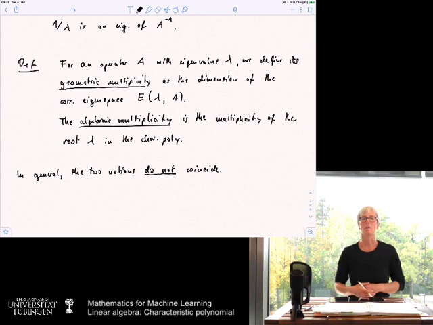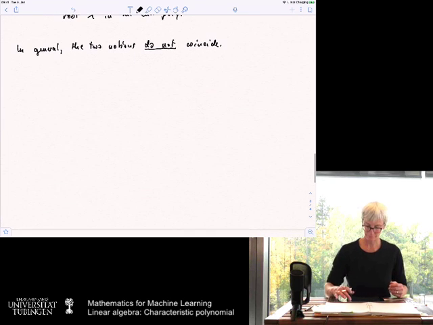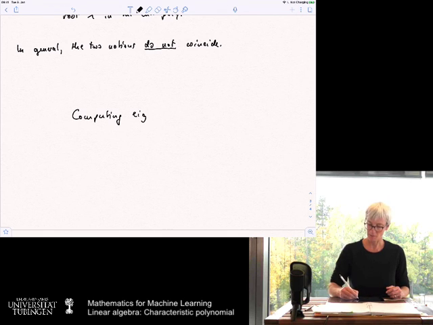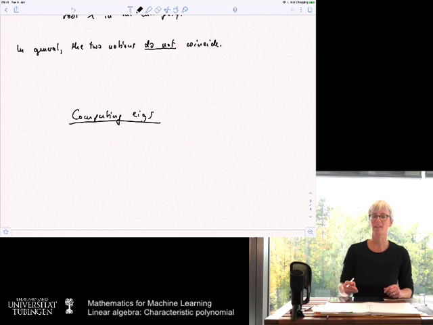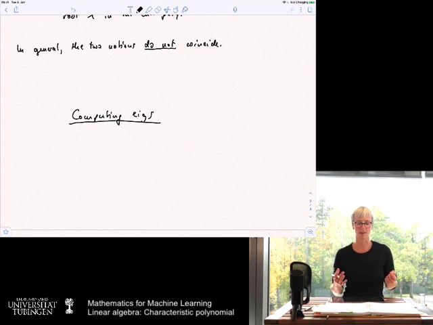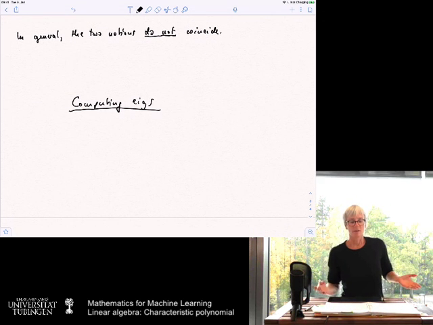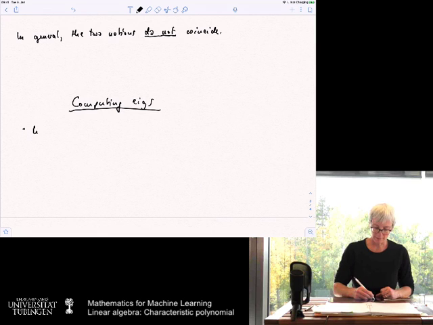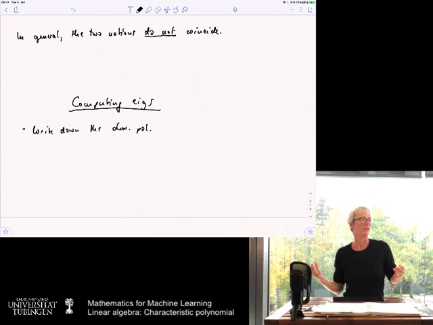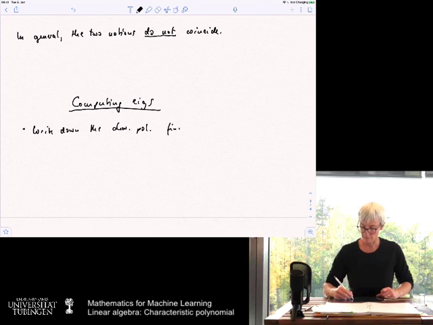Let me make one more remark about how you can actually compute eigenvalues and eigenvectors. As I said, eig is always my abbreviation for either eigenvector or eigenvalue. So we want to compute both of them. You write down the characteristic polynomial and then find the roots.